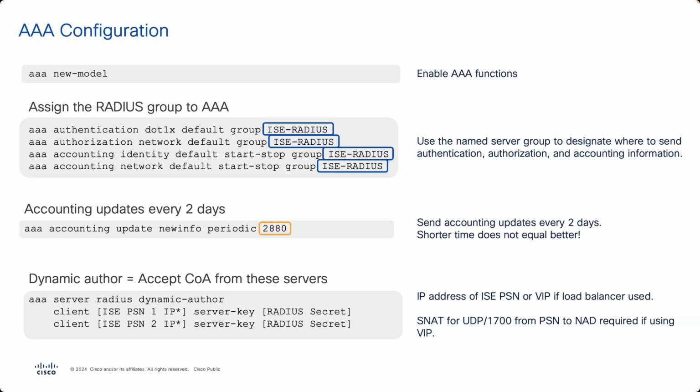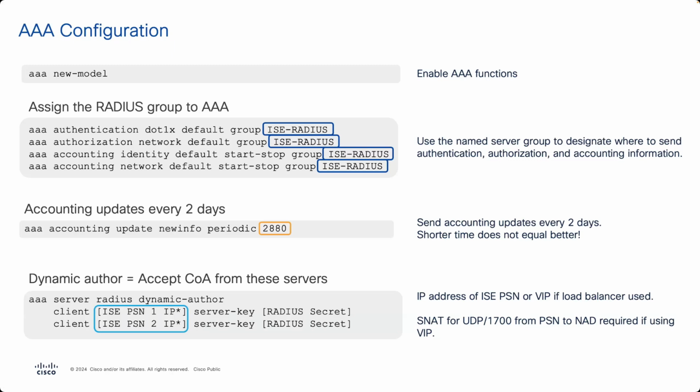And then the dynamic author configuration, this tells the switch, if you receive a COA from this IP address, accept it and do whatever it says. Because if you don't put the IP address of your PSN or the virtual IP address, the VIP, of the load balancer here, and you send a COA to that switch, the switch will reject that packet.